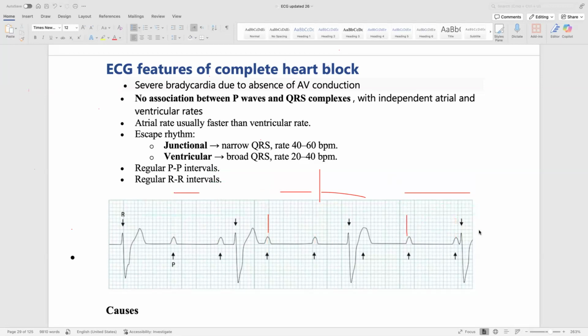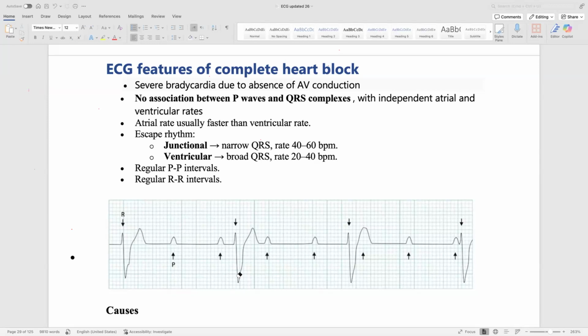If we delete the P wave and just look at the R wave, RR is regular. So RR are regular, PP are regular. Why are they not working together? Because there is complete block. Electricity to the atrium is good.